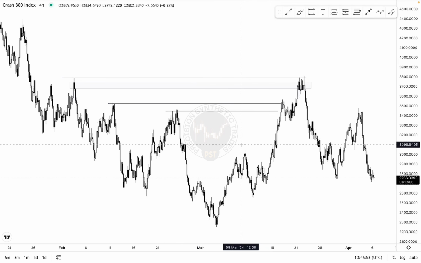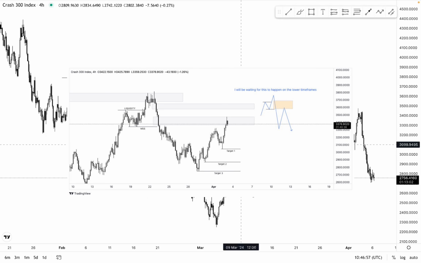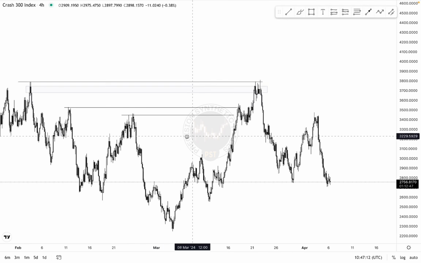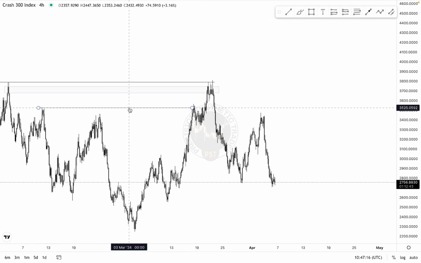Now, as you can see in the screenshot above, I did send analysis, my thoughts on Crash 300, before it played out. This is what I sent on the group, the screenshot, where I'm looking for price to go on Crash 300. Alright, so let's just delete this quickly to make it a little bit more clear.